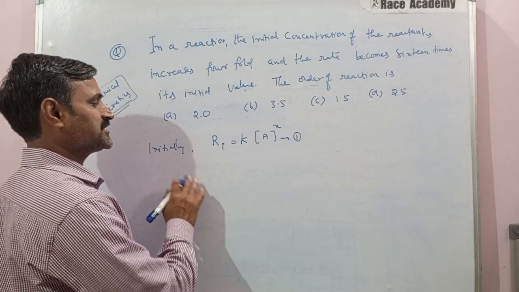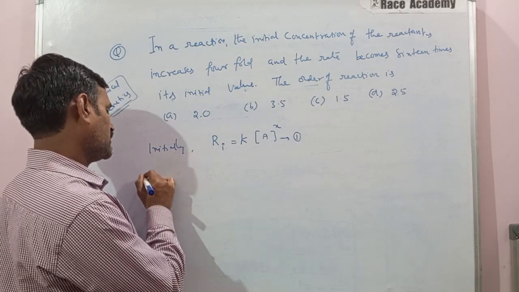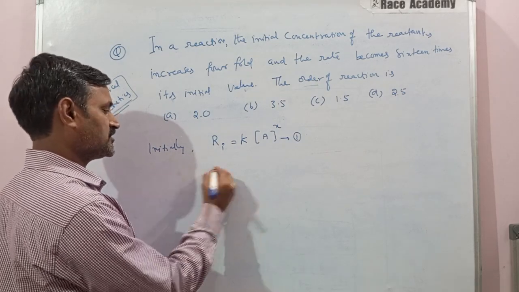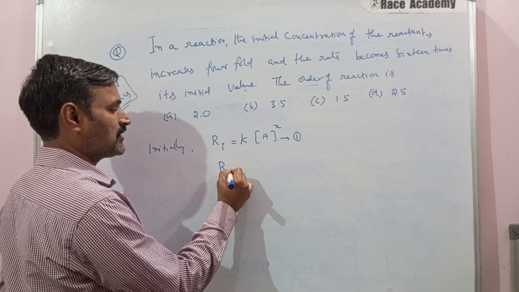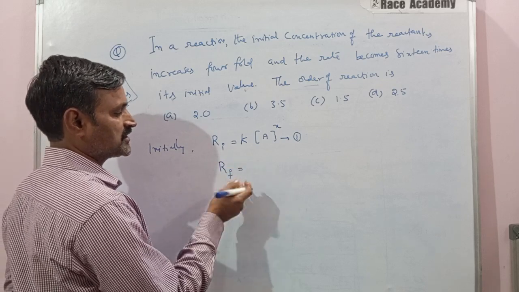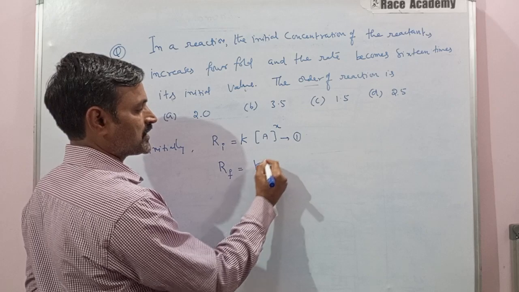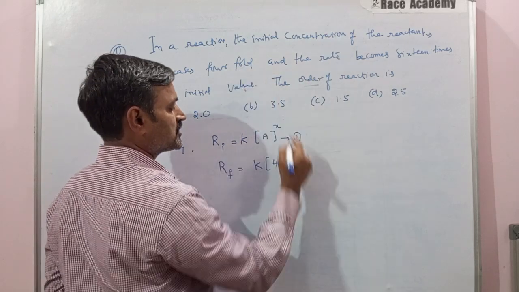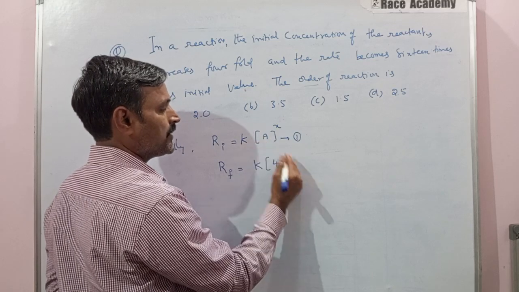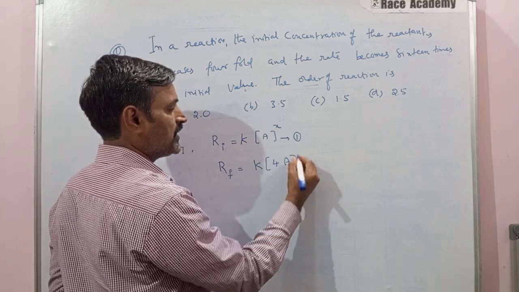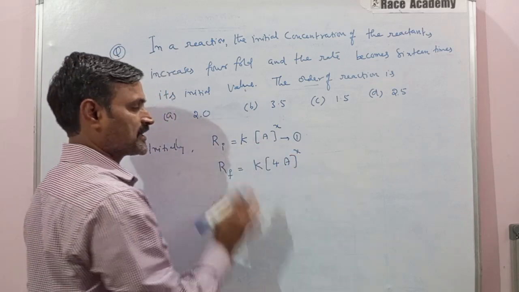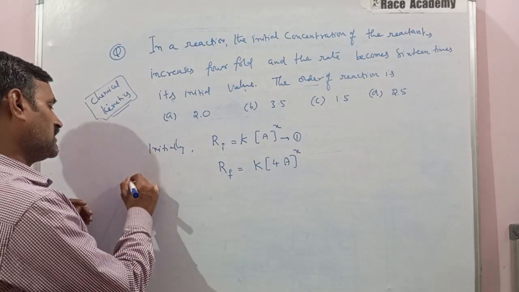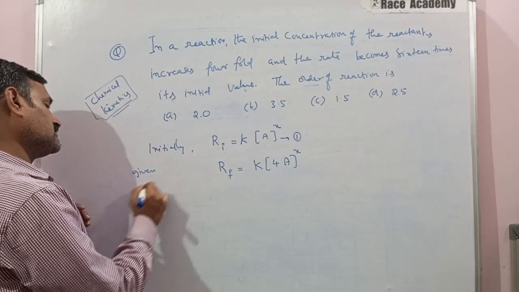But after the conditions changed, once the concentration changed, the rate of the reaction changed as a final rate. K is multiplied with 4 times the initial concentration A, that is 4A, to the power X. This is the given condition.